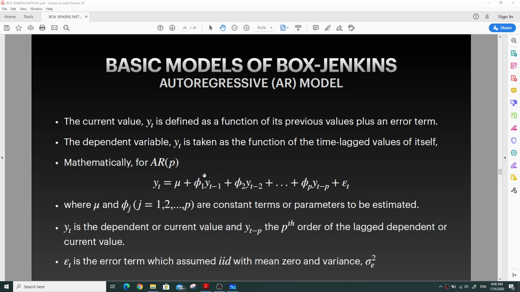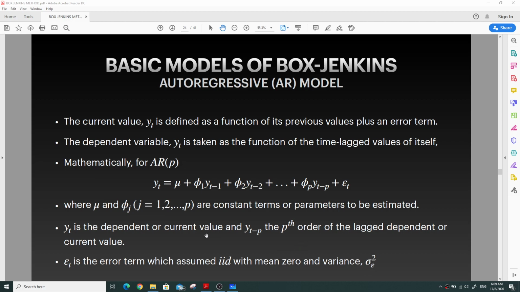We use the phi symbol here to represent the coefficient for our y(t-1), and it represents the weightage, the impact of our previous value on our current value. Our error term here is assumed to be IID with mean zero and variance sigma squared of epsilon.